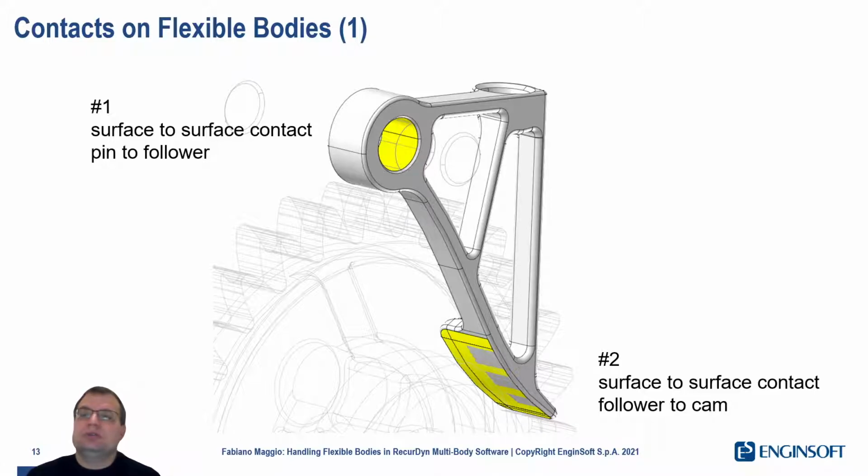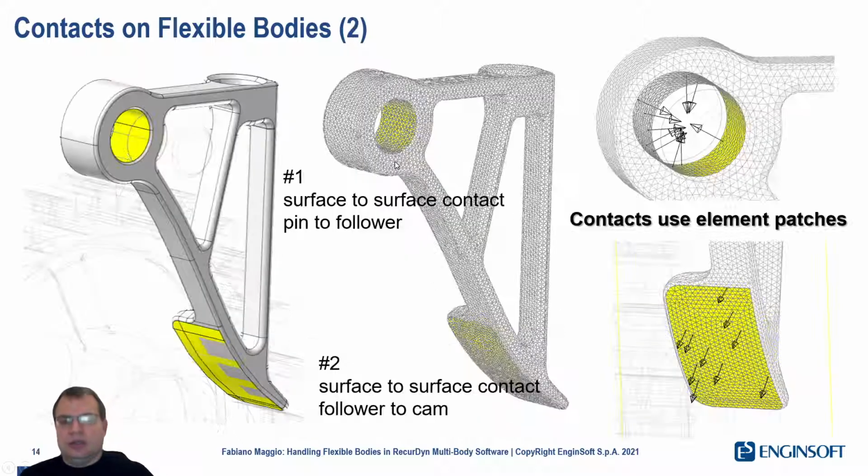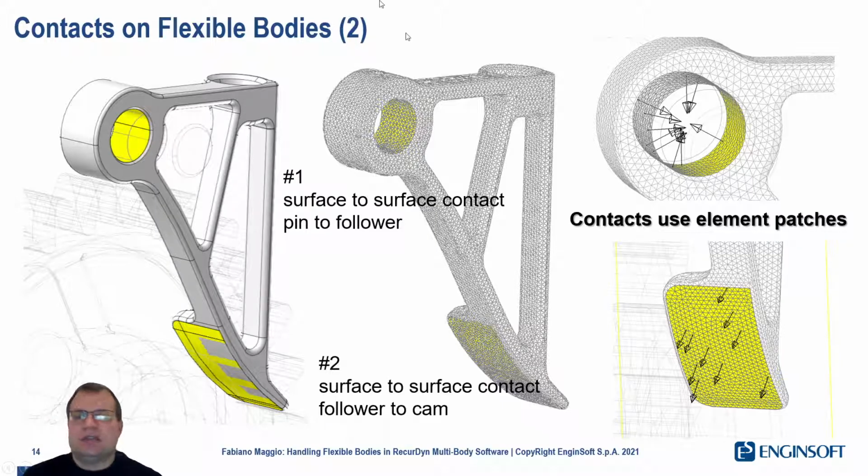Another option is for the contacts. Take this body. This is the follower. Here we have the cam. This body is again interacting with ground and with cam through contacts. The yellow surfaces are contact surfaces. When we create the flexible body, the surfaces, the yellow surfaces, become element patches.